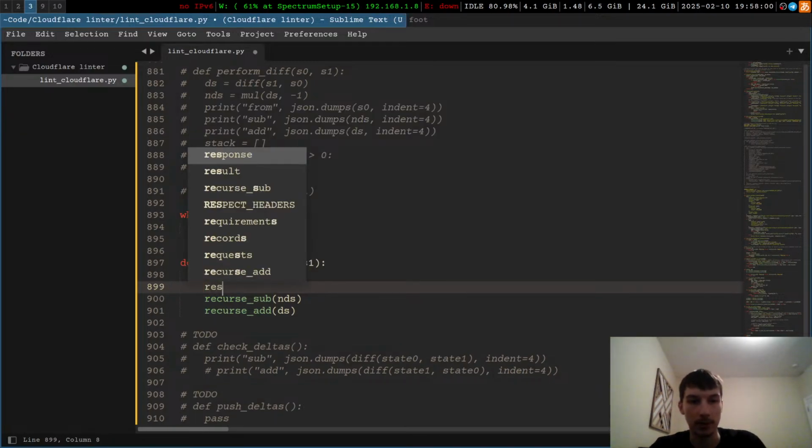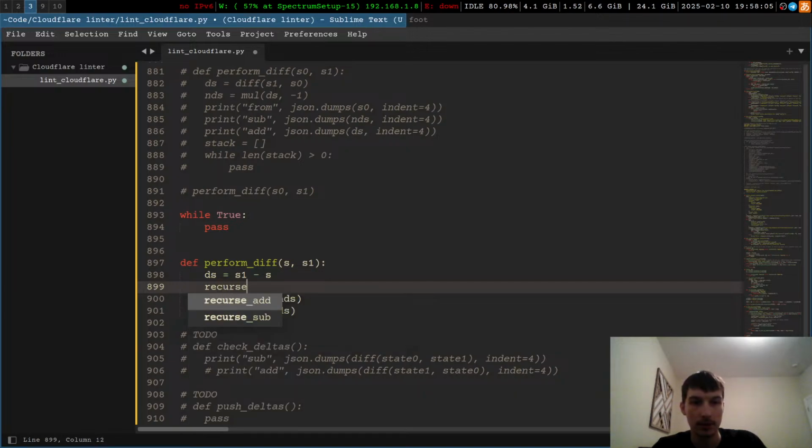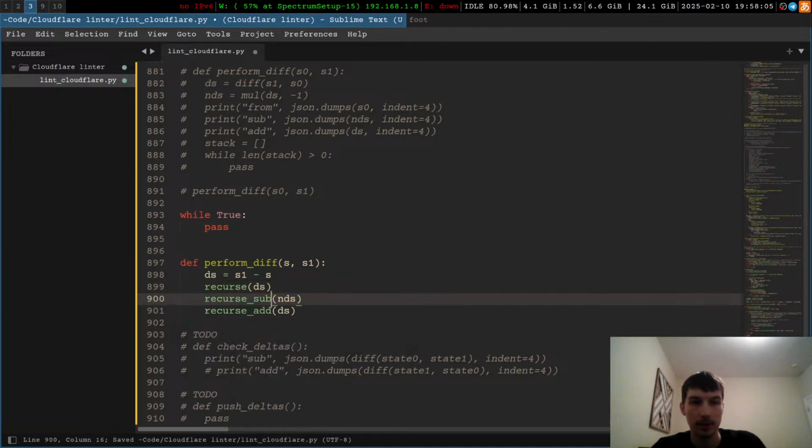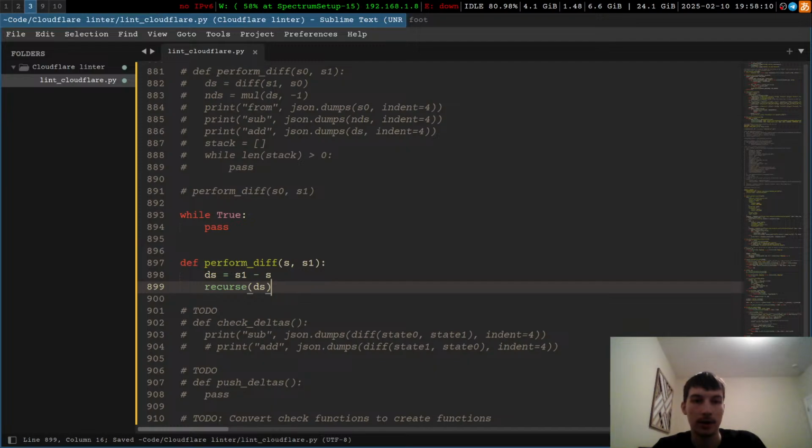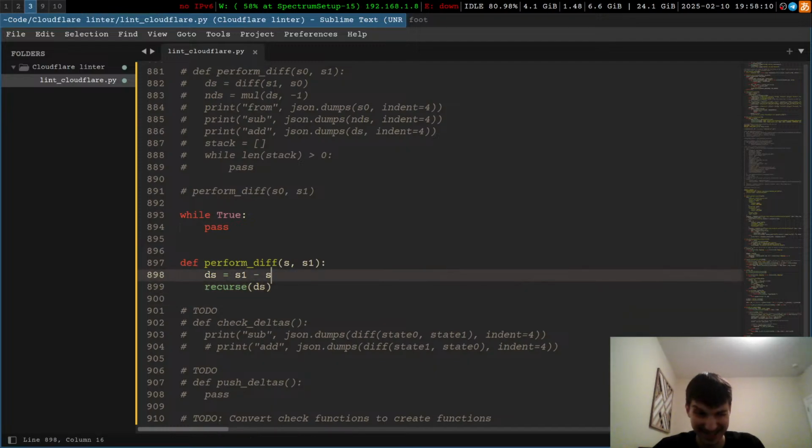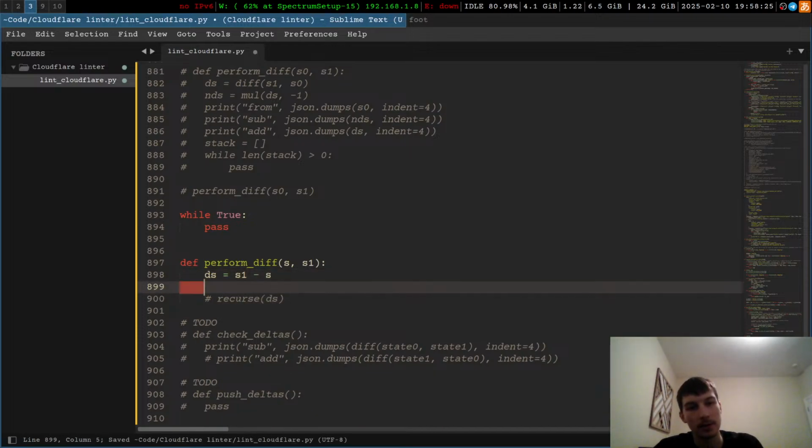So what we really do is recurse ds, and basically recurse goes through the terms, finds negative terms, deletes negative terms, adds positive terms, and just replicates that. So yeah, we have to figure out the implementation details of what that means. But I think the idea is there.